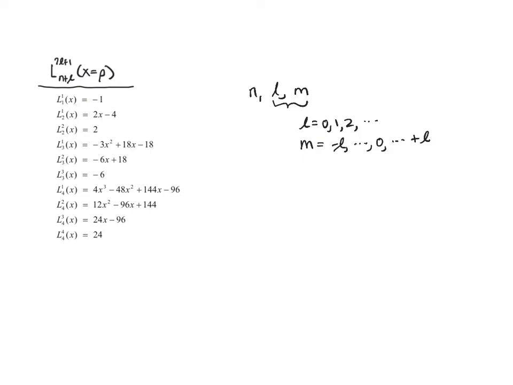And furthermore, when we solve the radial part of the problem, we find that n can only have values of 1, 2, 3, and so forth, and that a restriction on l appears when we solve the problem and match the boundary conditions to make sure that we have good wave functions. So it turns out that l can only go up to n minus 1.